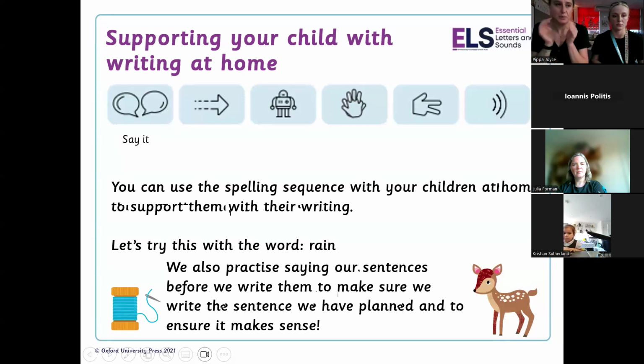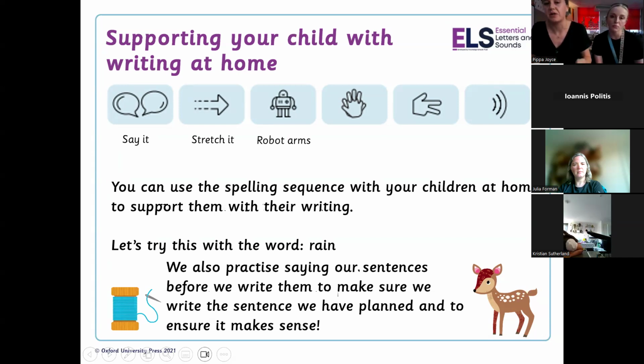I'd say bus, and I get them to say it into their hands, bus. Then they rub it together and stretch it. That arrow is to stretch it. So I'll say buuus, and we've stretched it. Then we use our robot arms to break it down. So we've got b, u, s, and then we're going to blend it again. Bus.